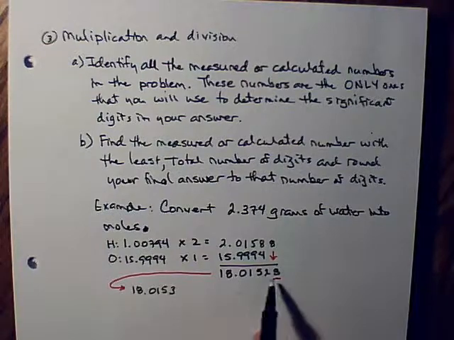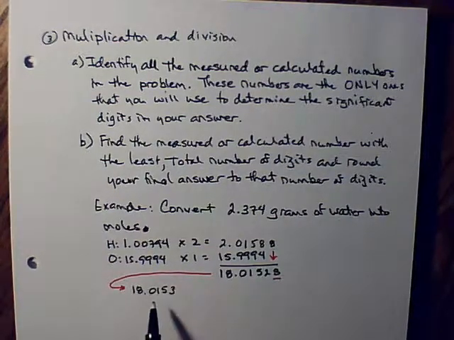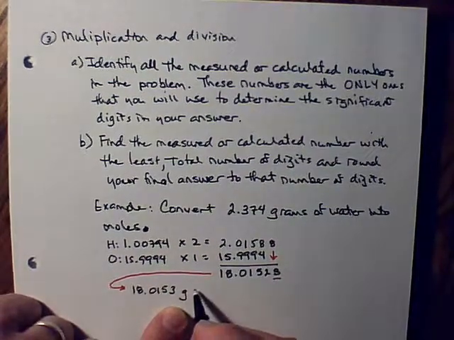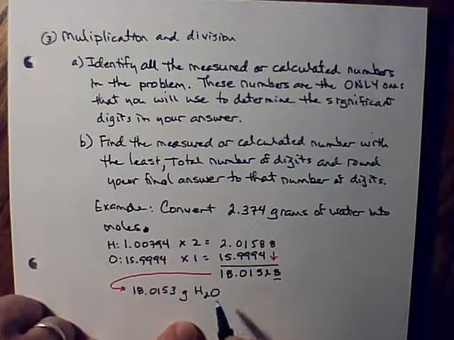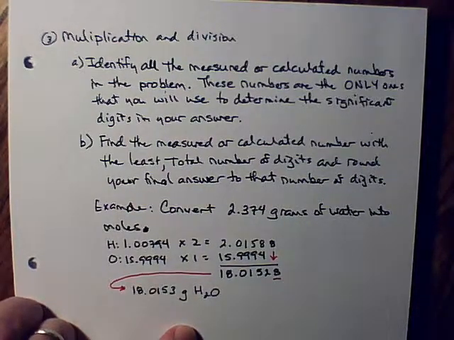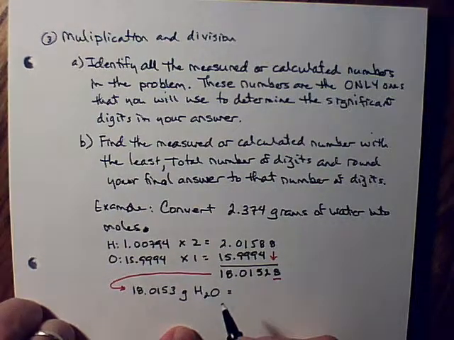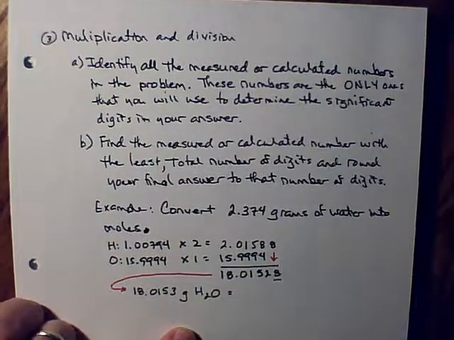Now, in this case, this number and this number definitely are not equal, and so we can't use an equal sign there. But we have to identify what this is. You have to know, when you are calculating molar mass, that this is grams of the species, H2O, in this particular case. And for my class, you're always going to write an equality statement to be able to use it for conversions.